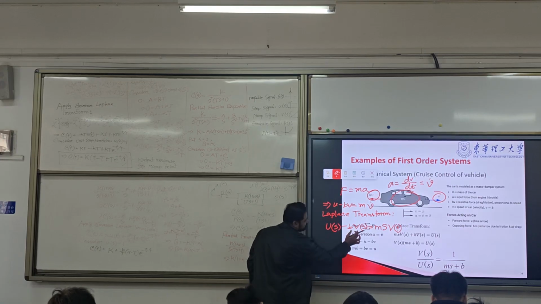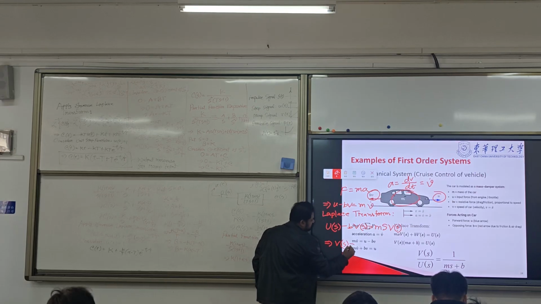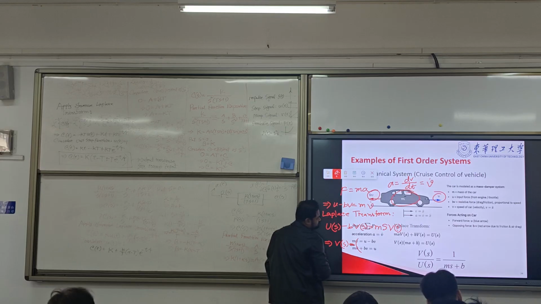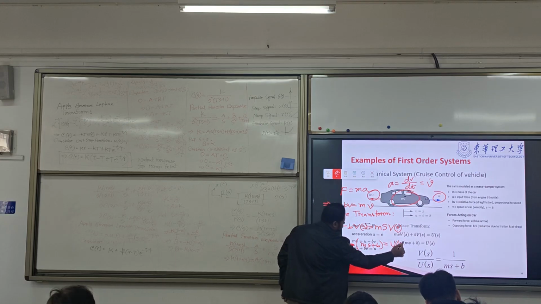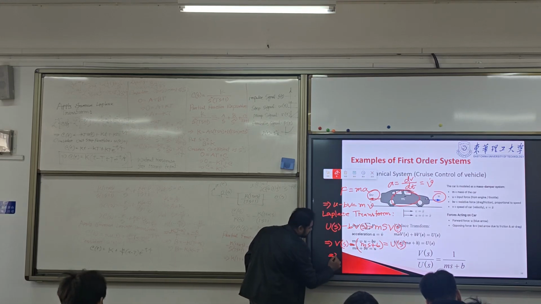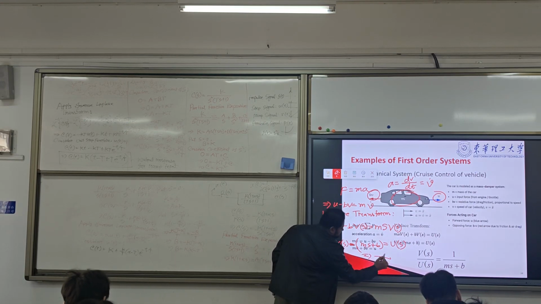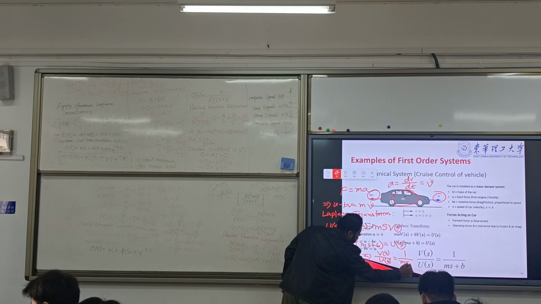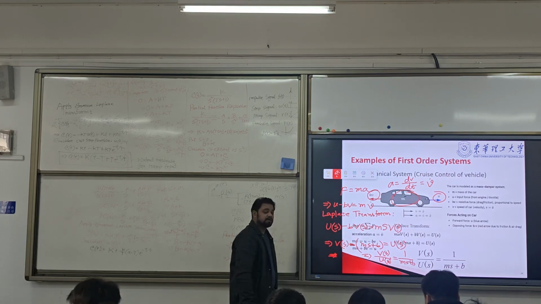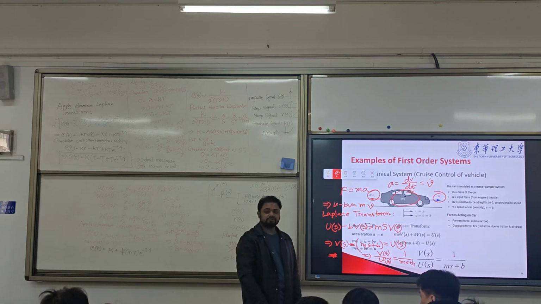So here we have V(s) in both, so we take it common: V(s) into ms plus b is equal to U(s). So V(s) by U(s) is equal to 1 by ms plus b. Now that's your transfer function or gain.